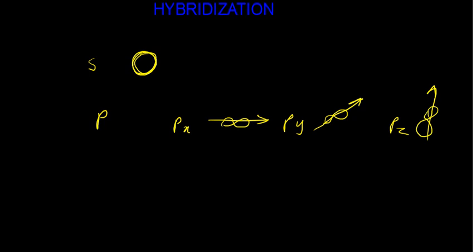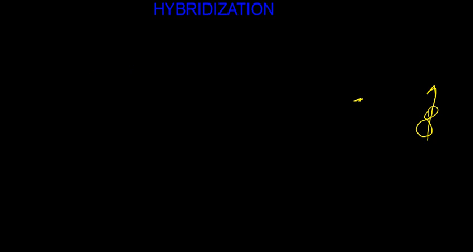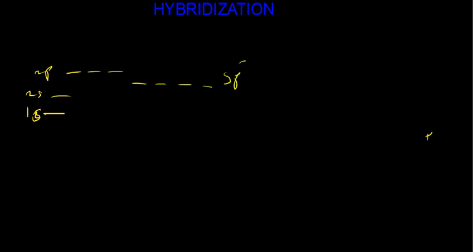When a compound undergoes sp3 hybridization, just to put again what we saw, we have the 1s, the 2s and then the 2p. These are coming together to form 4 orbitals, which is the sp3.